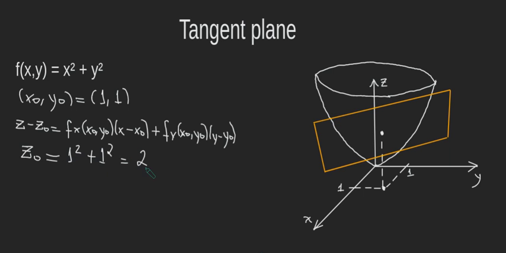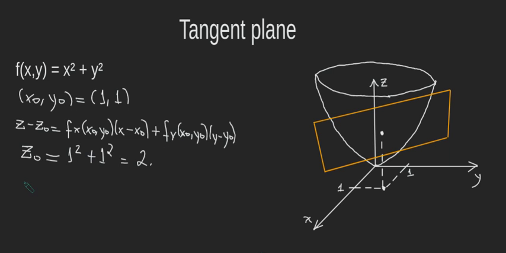So z0 is 2. So let's move on. Another ingredient that we need is the derivative of f with respect to x, and also the derivative of f with respect to y.